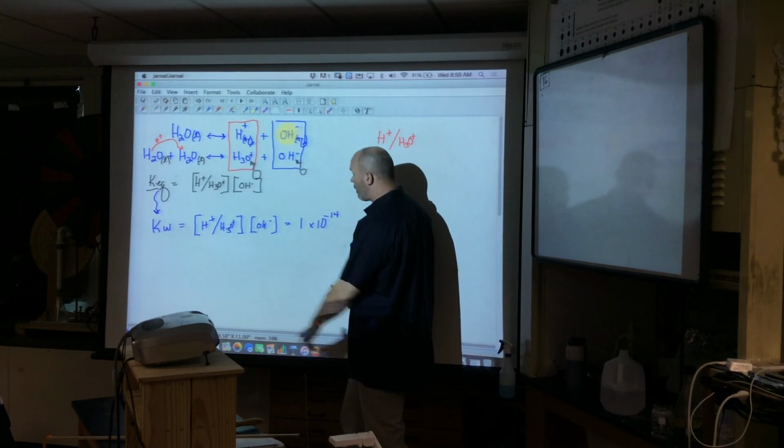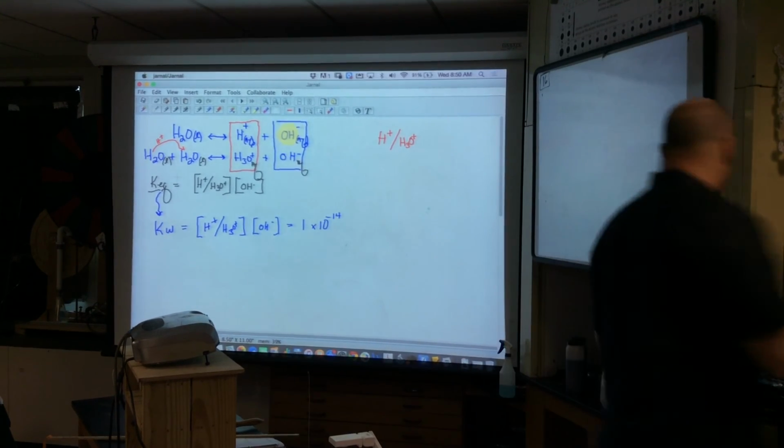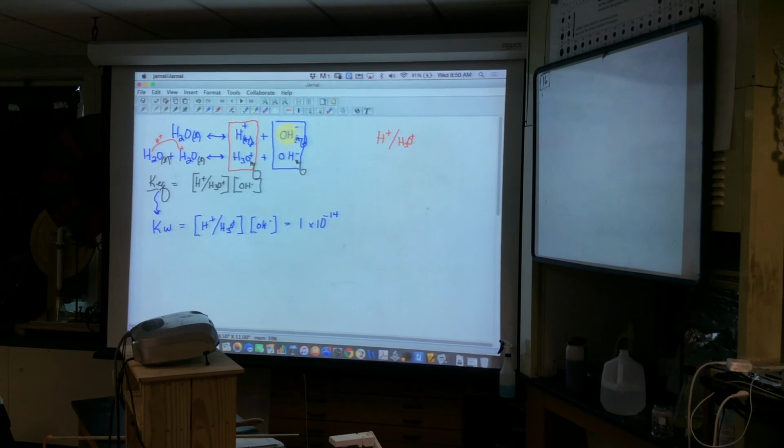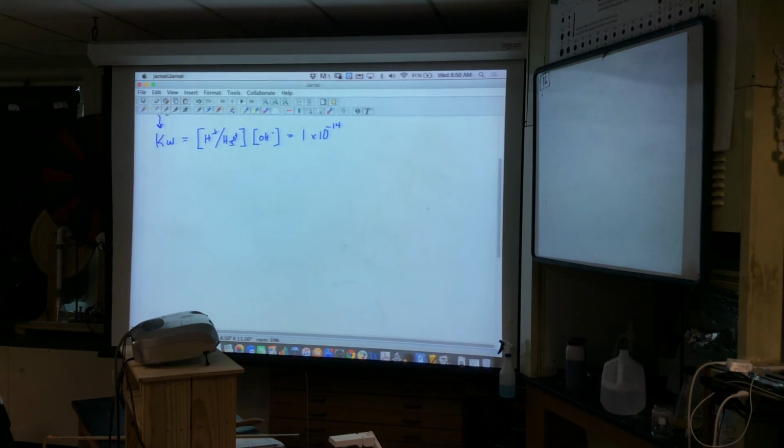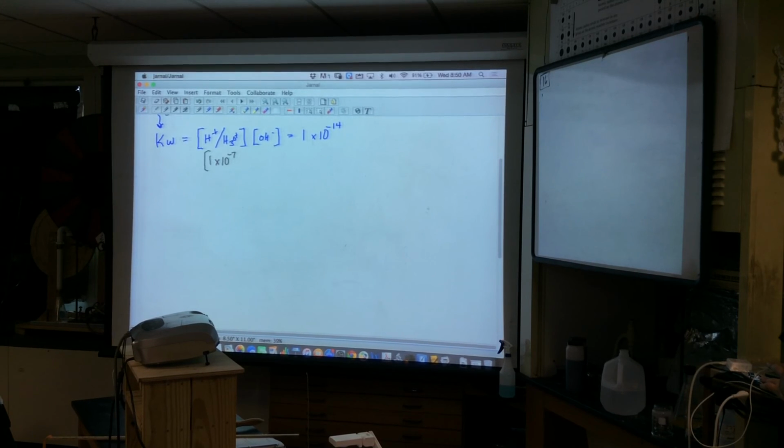If these have to be equal, doesn't it make sense that those values, those concentrations, have to be 1 times 10 to the negative 7? Watch if you don't get it. 1 times 10 to the negative 7 times another number, which is the hydroxide concentration. Don't forget, these are molarities. Equal this value, 10 to the negative 14. Doesn't that make sense? Yes.